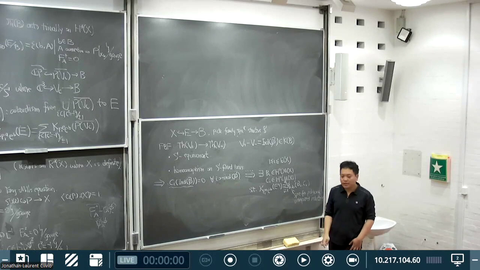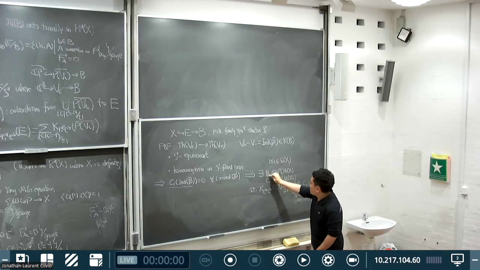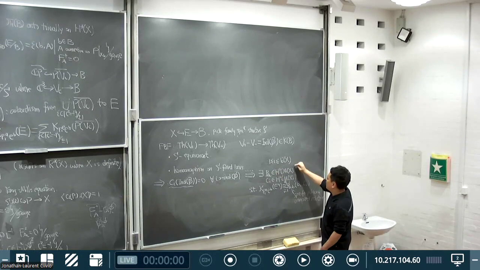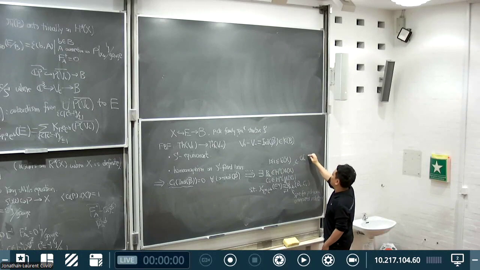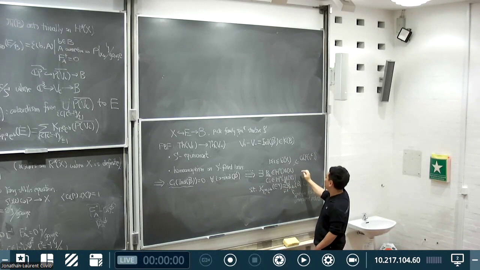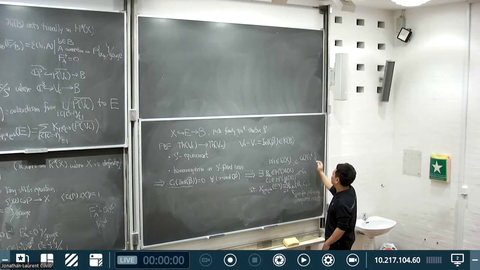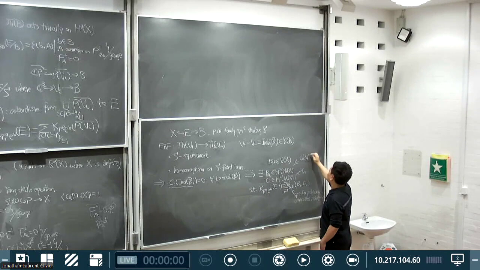Okay, so what's the intuition here? Here, the PI you should really think of as the second Chern class of this PVC, and the CI you should think of as the third Chern class of PVC.